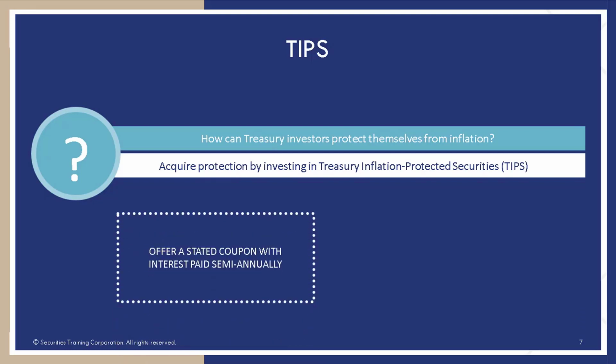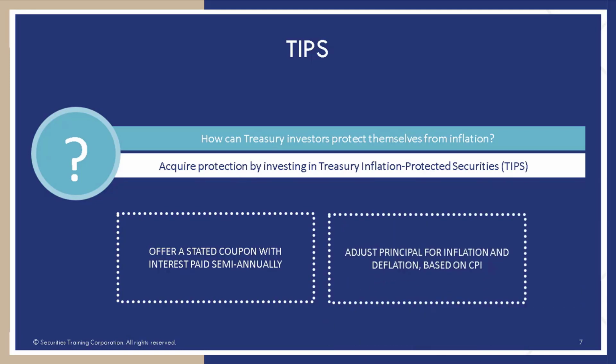Well, what is a TIP? A TIP has a stated coupon rate which will remain constant. So maybe you're getting a 4% coupon. That will remain your coupon rate, that 4%. But what happens is the principal is actually adjusted for the rate of inflation based on what is sometimes referred to as the CPI, or the Consumer Price Index.